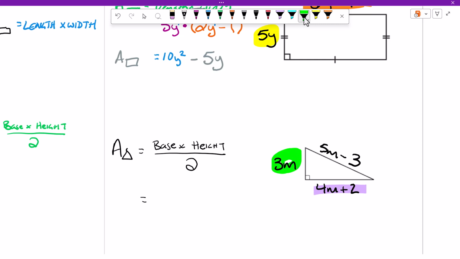Right? So now we just replace it. We're going to multiply these 2 things together. Now, if I did it in the exact same order, I'd put the 4m plus 2 first, then the 3m second. It doesn't matter if you mix it around. I think most students prefer the monomial to be on the left. So I'll just write it on the left, even though that is the height.